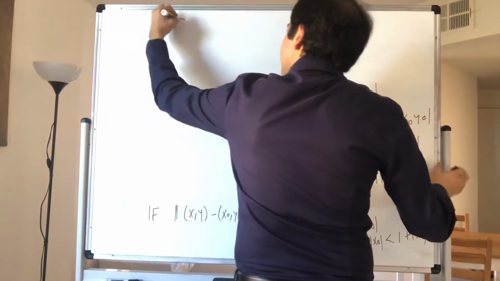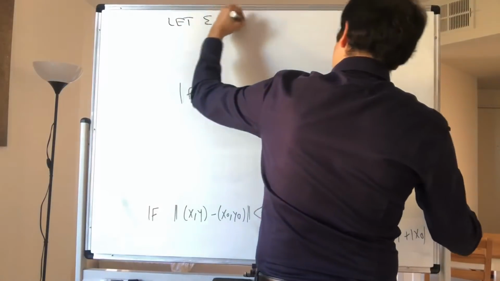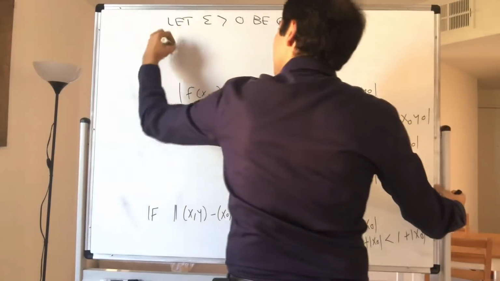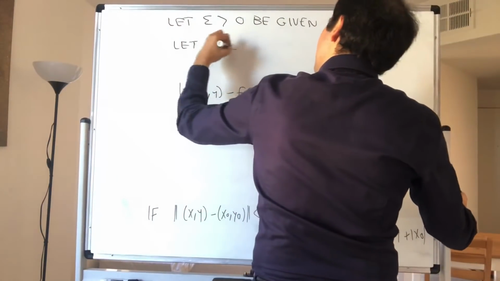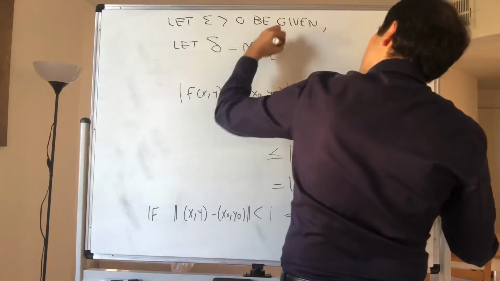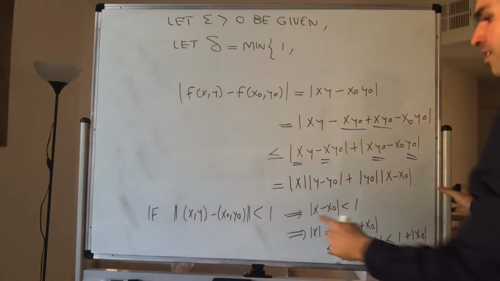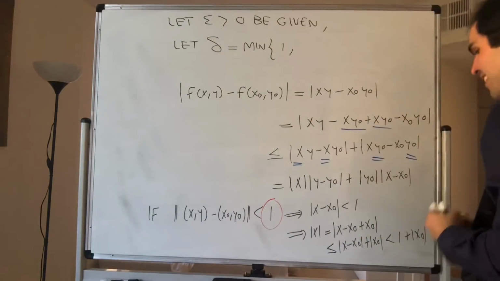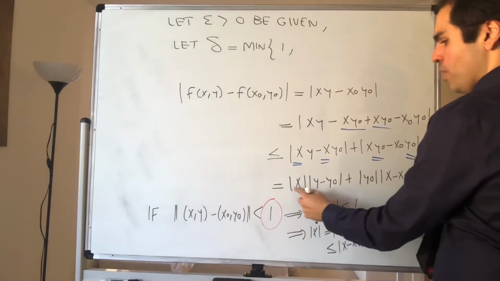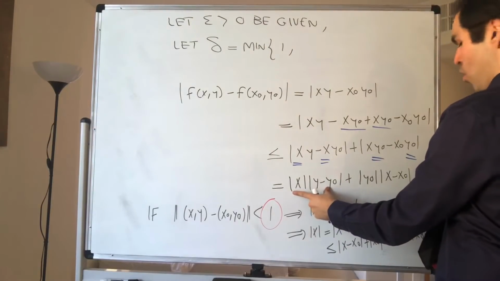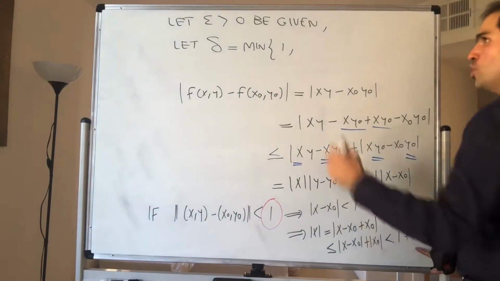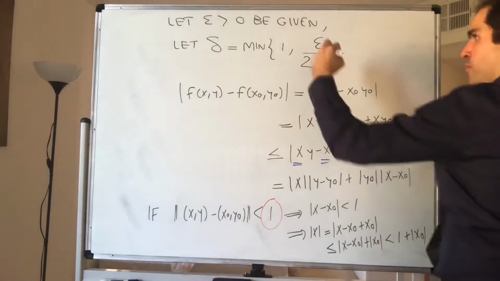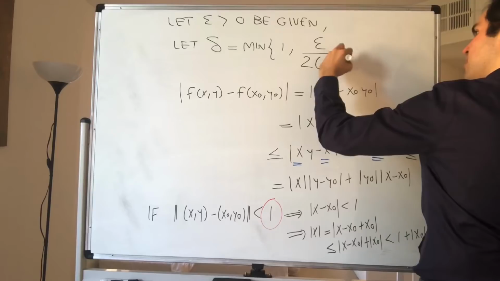So now let epsilon be given. And let delta, again, be the minimum, the smaller one of 1, because here we assume it's less than 1, and also, we want this to be less than epsilon over 2, so basically we choose epsilon over 2 times this term, 1 plus |x₀|.